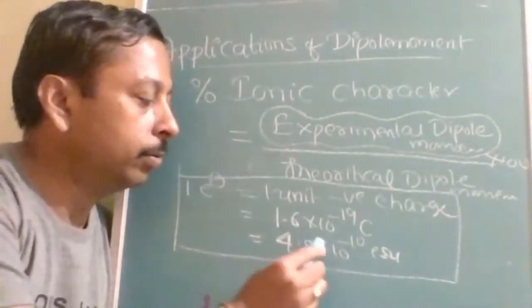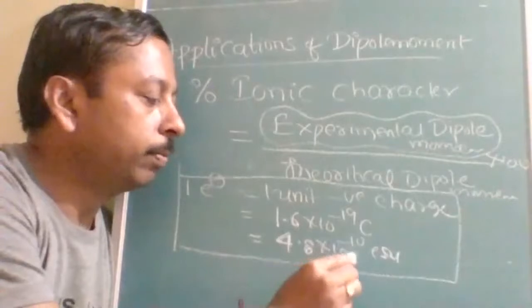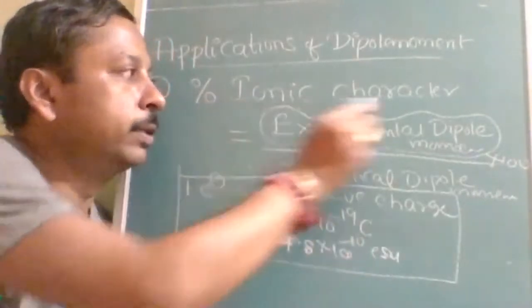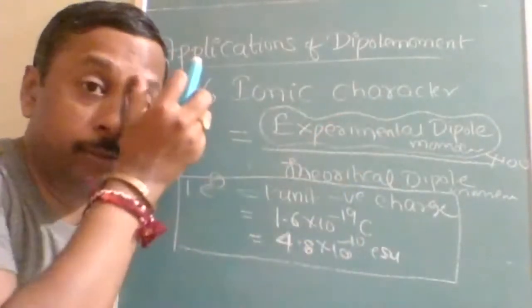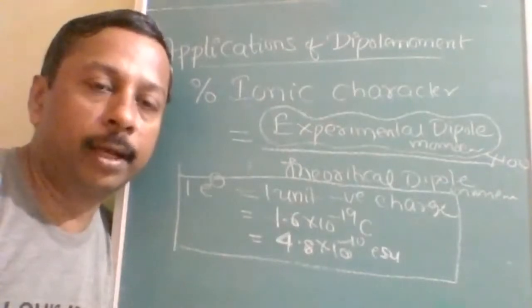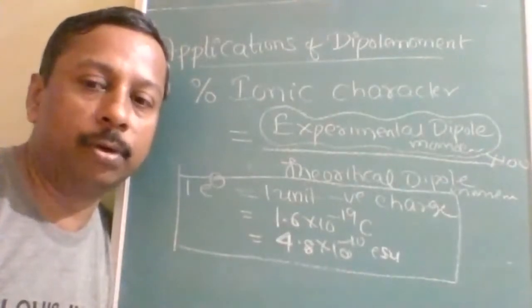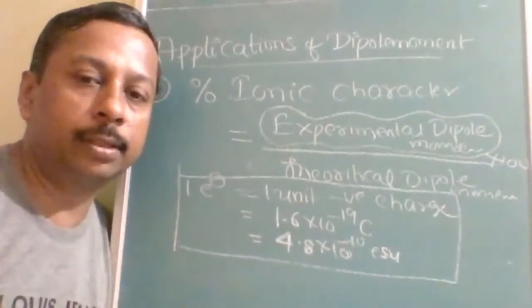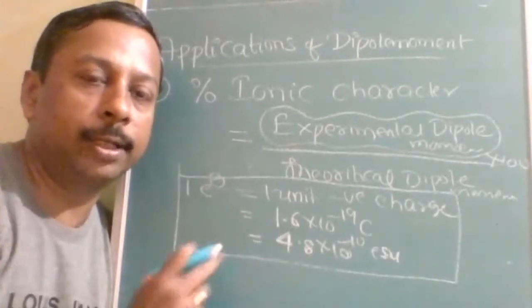Understood? So the value is 4.8 into 10 to the power of minus 10. And what are the units of percentage ionic character? They are unitless. It is only a comparison. Percentage and fraction do not have any units. So note down this relation.